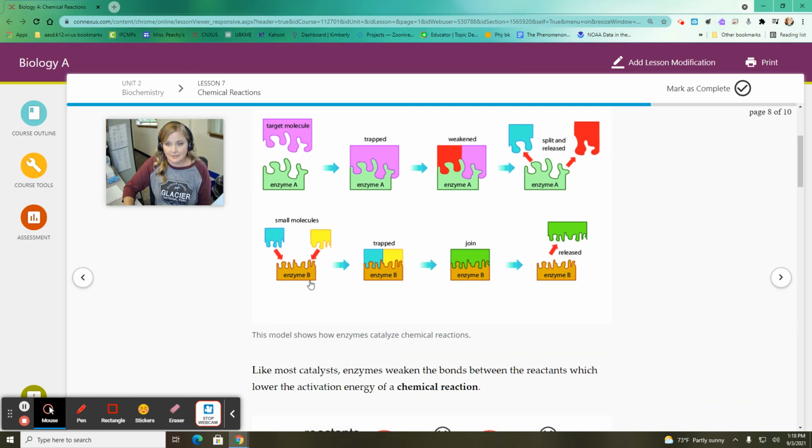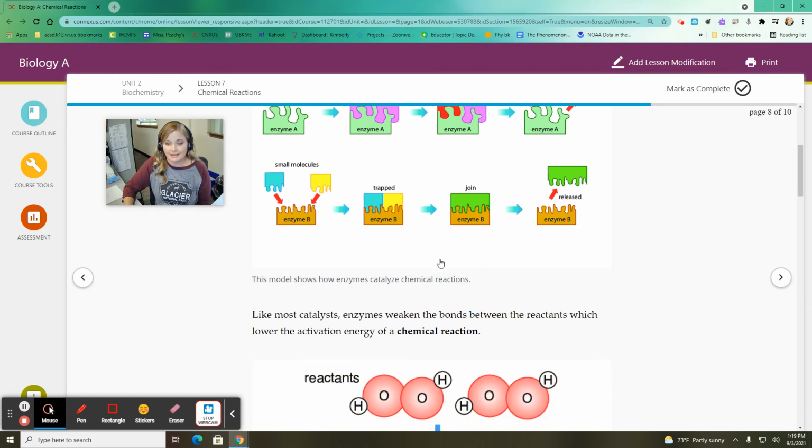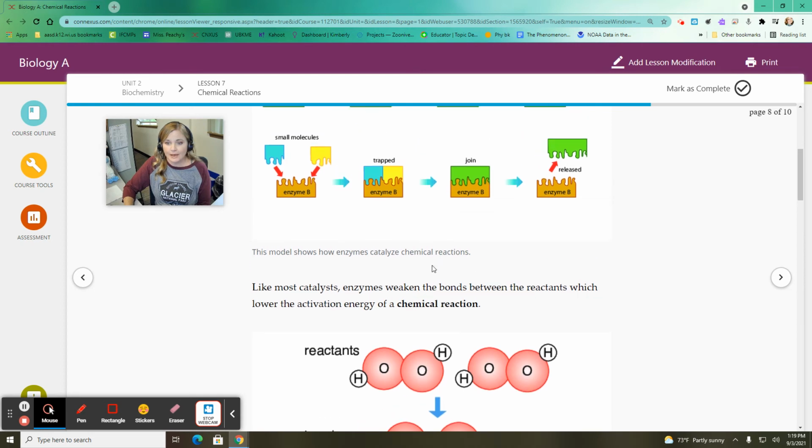In this second example, the enzyme is designed to fit these two molecules into it and cause them to join together. So it's actually causing a new substance to form by joining them together. It's doing exactly the opposite. Like catalysts, enzymes weaken the bonds between the reactants, which lowers the activation energy and lets that reaction go.